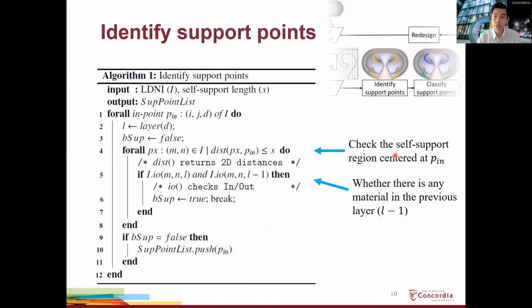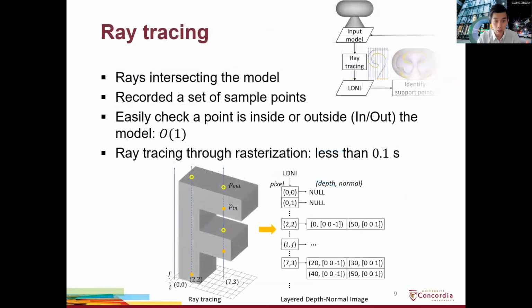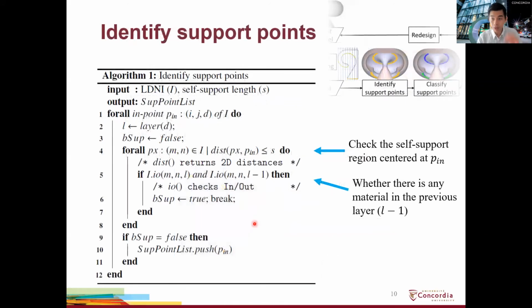So how do we use it? For example, if we want to identify the support points, what are the points that we need to check, or what are the points we need to support? First of all, we just need to check all the P-in points here. P-out we don't need to check because it is pointing upward. We don't need any support. We just check the P-in. For each P-in, to see if it needs to be supported or not, we check the self-supported region centered at this P-in.